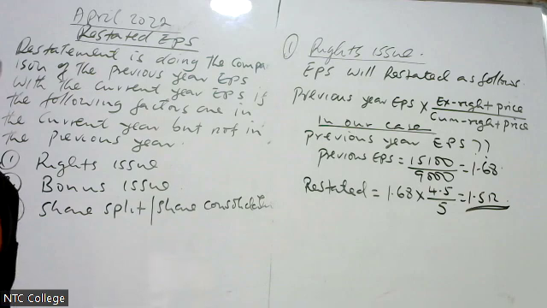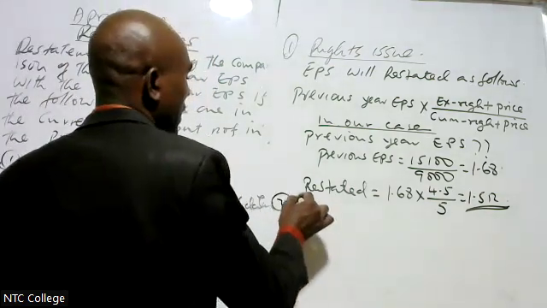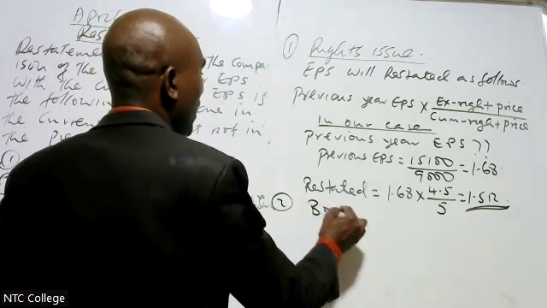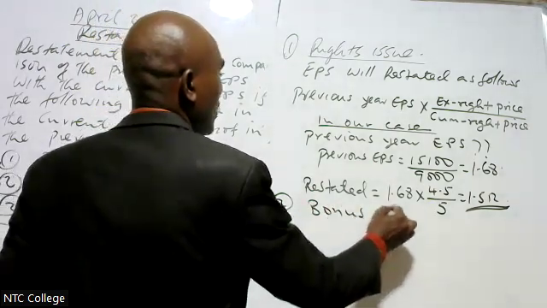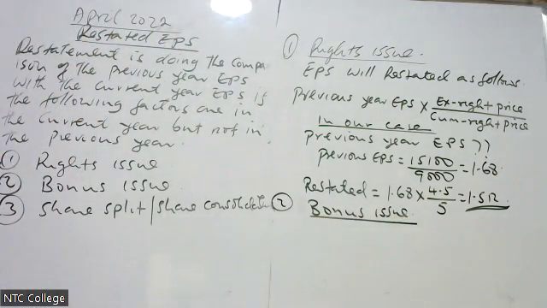Let us look at item number 2. Restated EPS where we have a bonus issue. If I have the bonus issue, how do I restate my EPS?